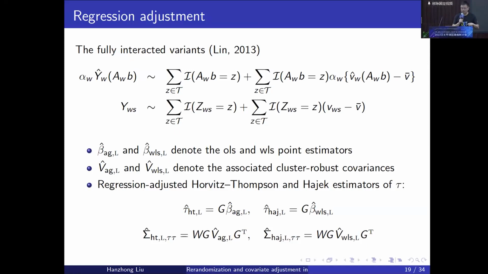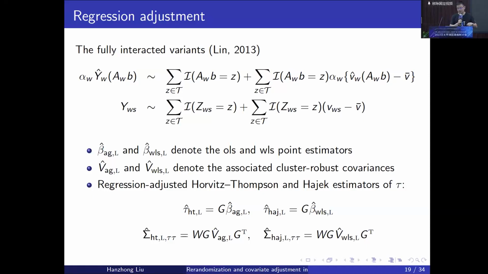And if we let beta hat and V hat denote the point estimator and the associated cluster robust covariance estimator, here the subscript AG refers to aggregated regression, the WLS refers to weighted least squares, and the L refers to this regression being from Lin's regression.